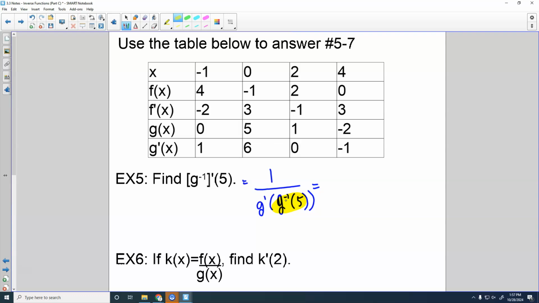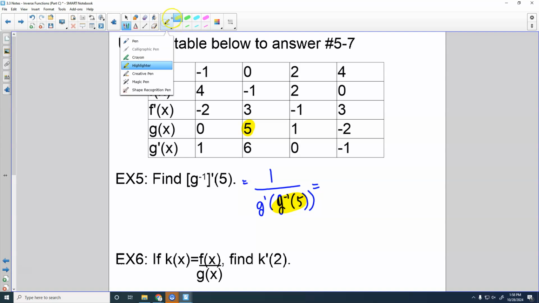Which line do I need to be looking for a 5 on? There is actually only one 5 in this, but it is our g of x line. You're not using f at all for this question, so you wouldn't use any of those numbers there. And you don't want to use g prime yet. So you're looking at this 5 right here. It is the only 5 on the page, but we'll see some of the others that show up.